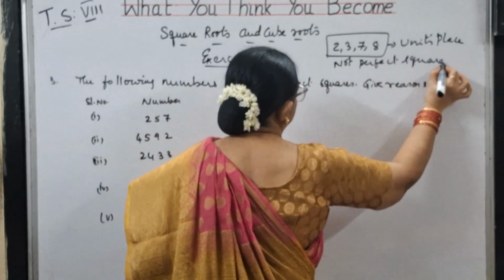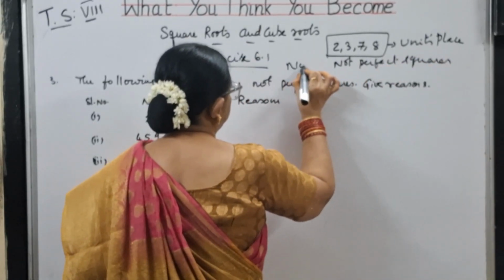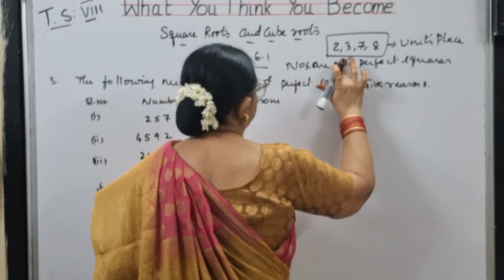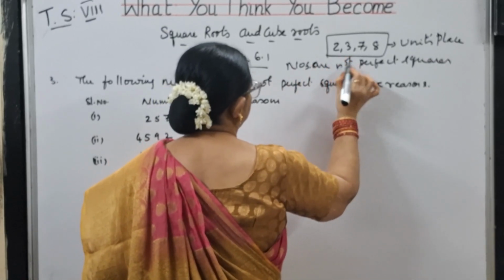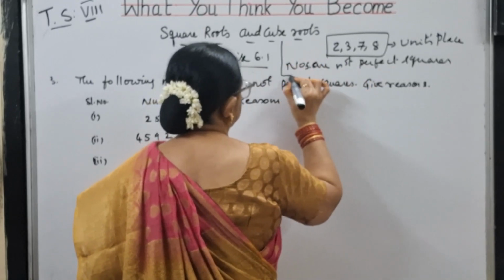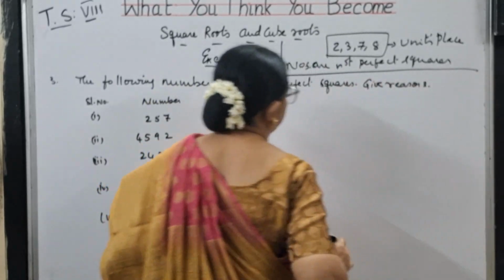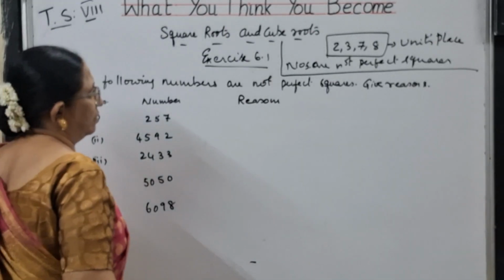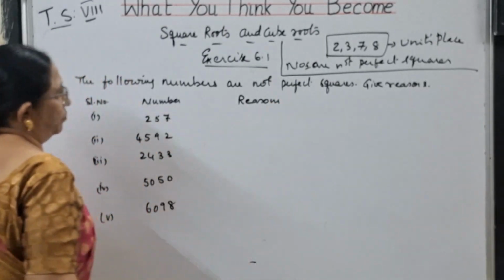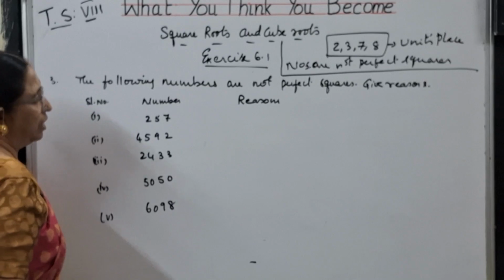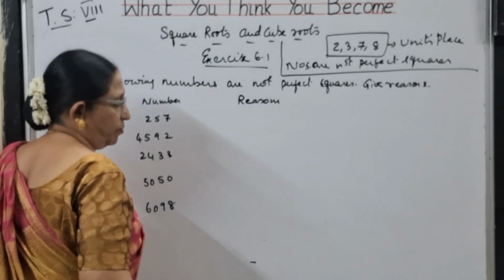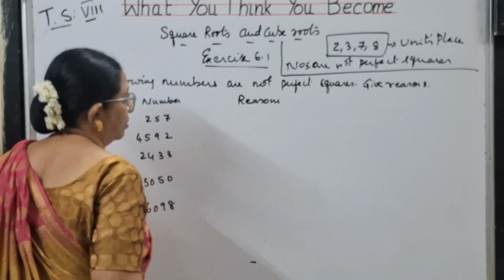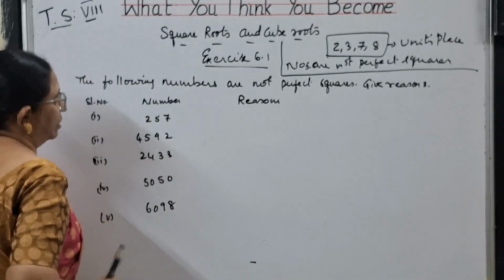This I have taught to children. This is a kind of recollection I am giving you children. When I was dealing with the initial introduction class, I said, in the units place, if you have 2, 3, 7, 8, then the number is not a perfect square. So that is what he is asking. The following numbers are not perfect squares. Give the reason.